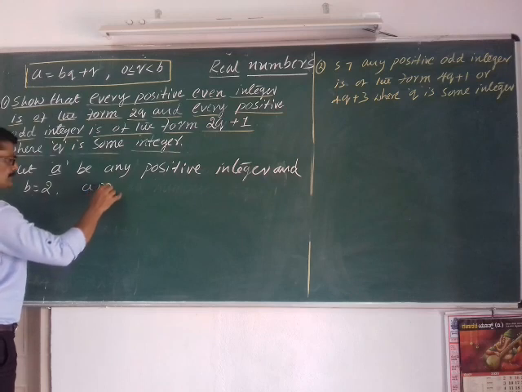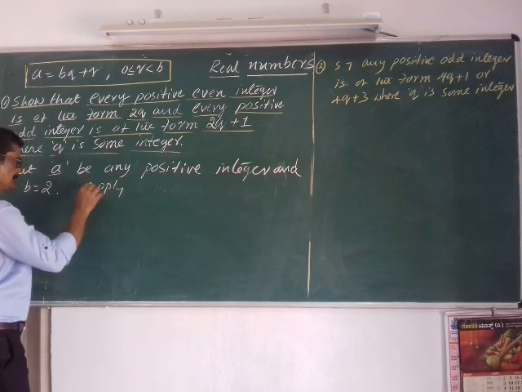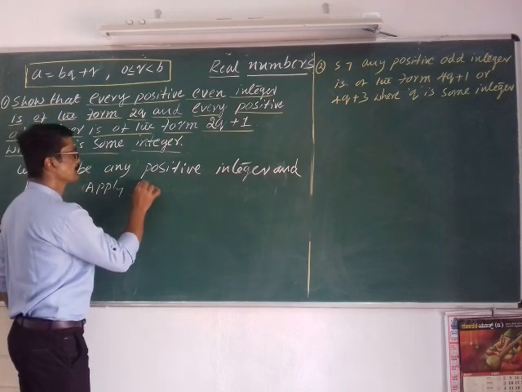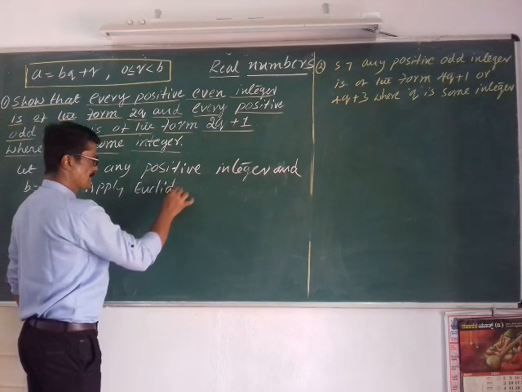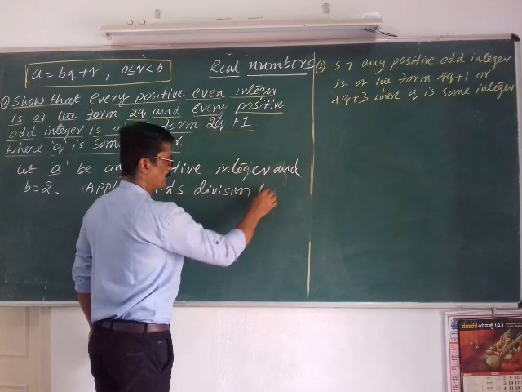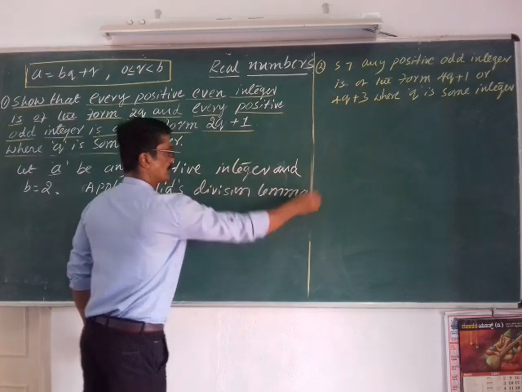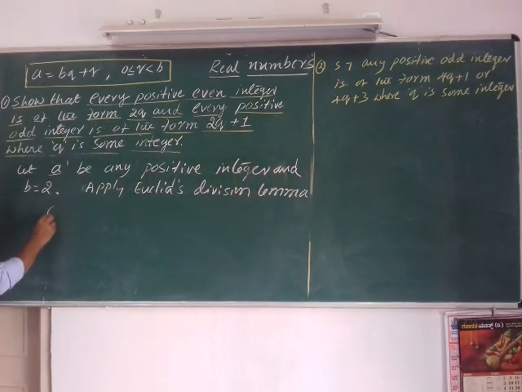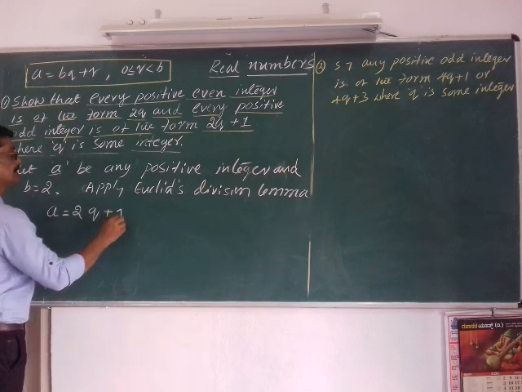Apply Euclid's division lemma. So you will get dividend is equal to divisor into quotient plus remainder, for some integer q and r.